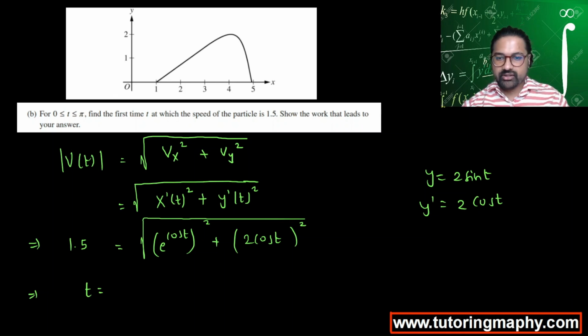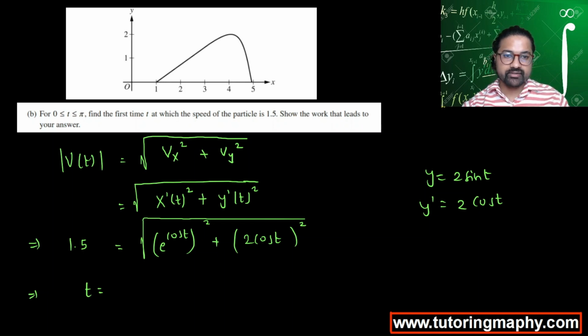So that's going to be root of e raised to cos x, because I'm using the variable of x, plus 2 cos x whole square. Make sure your calculator is in radian mode, because if it's in degree mode, you're going to get an entirely incorrect answer. Please make sure you do that.